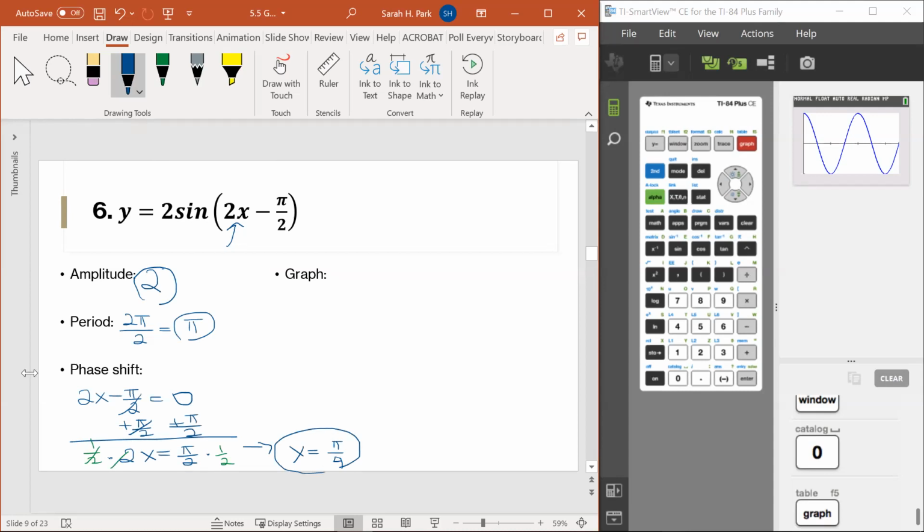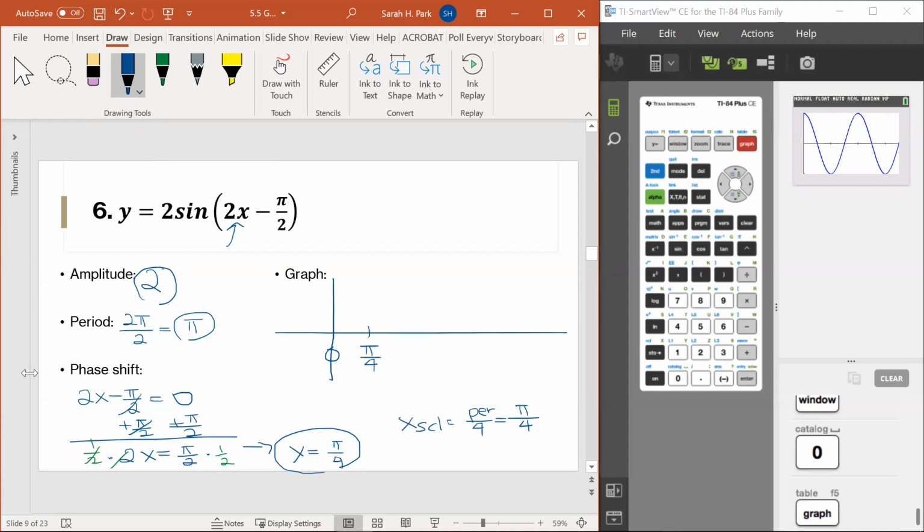Let's do x scale. X scale is your period, again, divided by 4. Your period is pi, which you're going to divide by 4. And that's it. Your x scale is pi over 4. So if we start with graphing, here's 0. Here's pi over 4, because that's where we start.